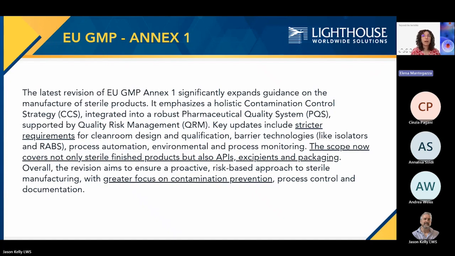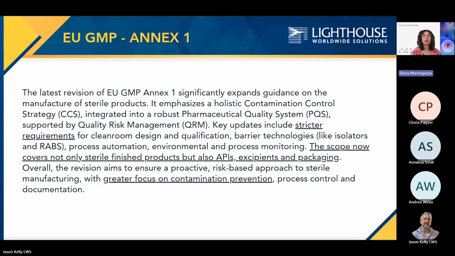In detail, the requirements regarding clean room design and qualification, barrier technologies, environmental and process monitoring are becoming stricter with respect to the previous version. And now the Annex 1 does not cover just the finished product, but also APIs, excipients, packaging. So let's say it's become more global regarding the aseptic processes.